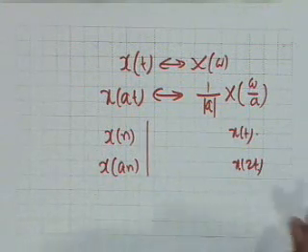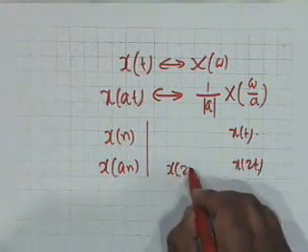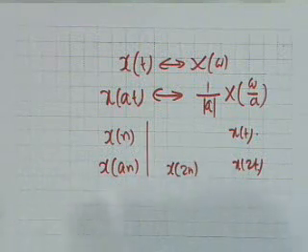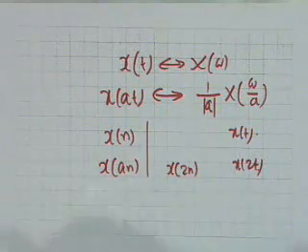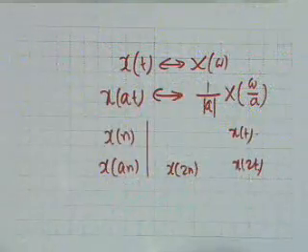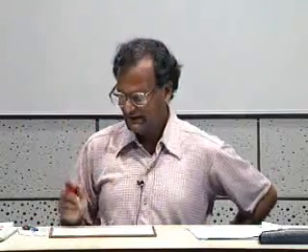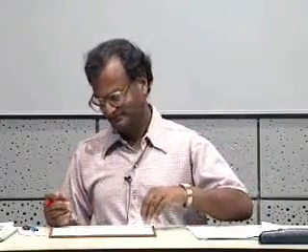X of 2n, on the other hand, is not a speeded up signal. What does x of 2n mean compared to x of n? Information is lost. That is, only even samples remain, and therefore the time scaling property has to be viewed very cautiously. You cannot write an analogous expression. What you can write, we shall see the next time.